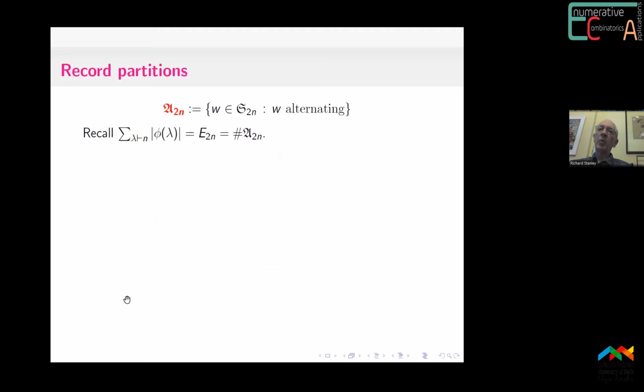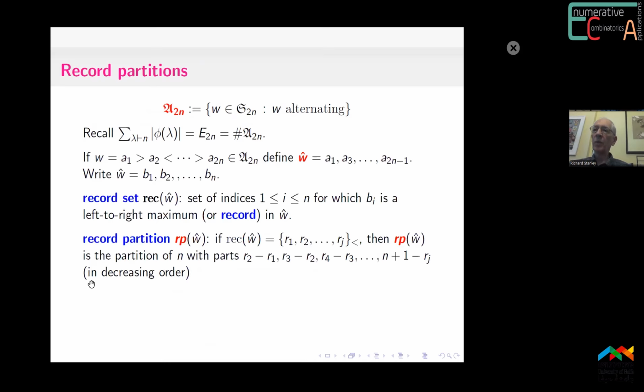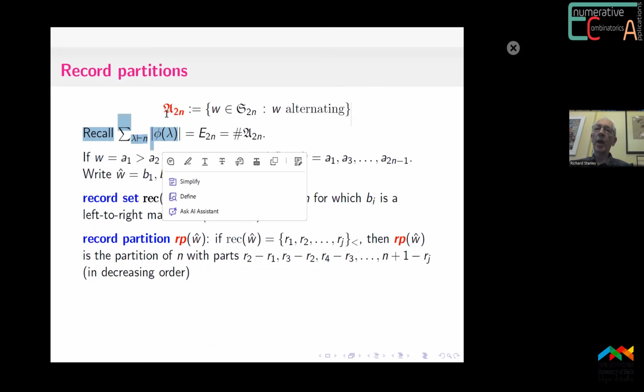So I'm going to begin with the power sums. First, I want to define the record partition of a permutation. So this is Fraktur A_n, the set of all permutations in the symmetric group S_2n that are alternating.